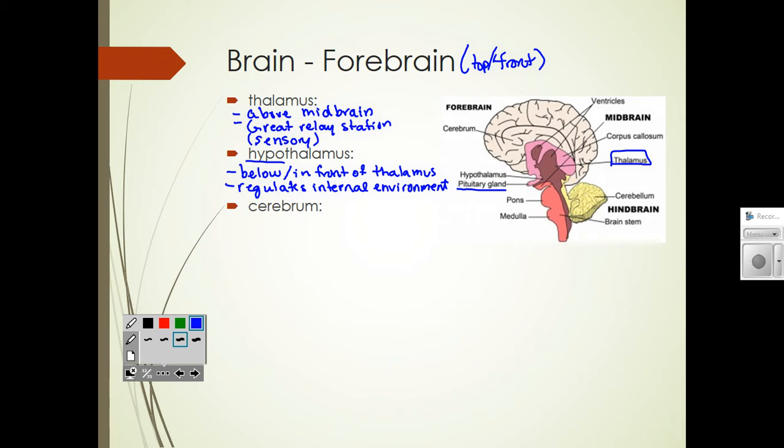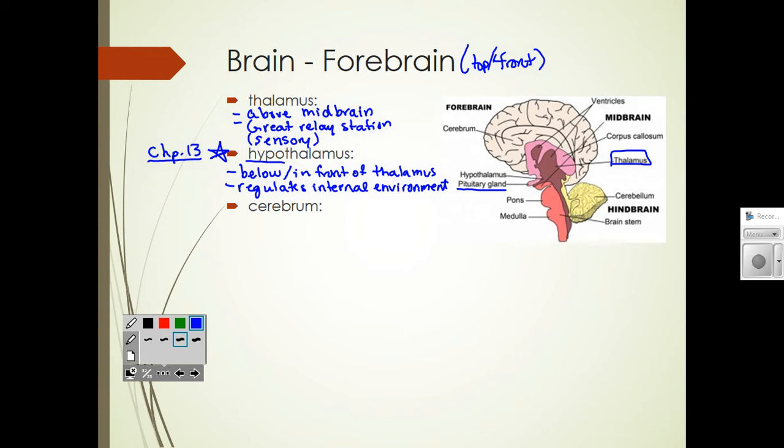We will talk about your hypothalamus in great detail in chapter 13 when we talk about all of your hormones. So even though it's just one little piece of the brain here, it will come back with great importance when we talk about how your body produces hormones.